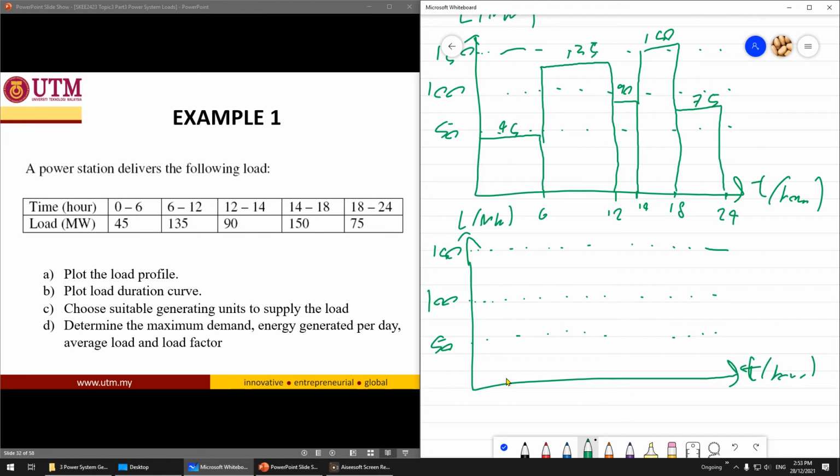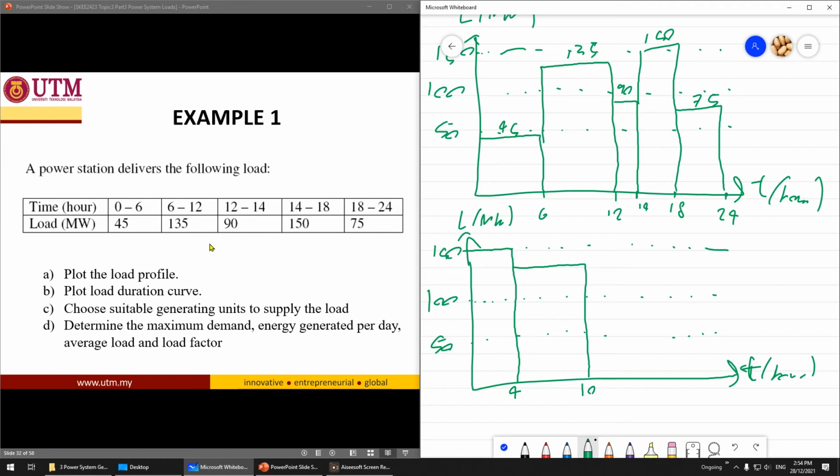So how long is it? 4 hours, so maybe around here. This is 4 hours. How about next? 135 for 6 hours, so 135 is around here, a bit long. 12 minus 6 is a 6 hour duration, so 4 plus 6 is 10.